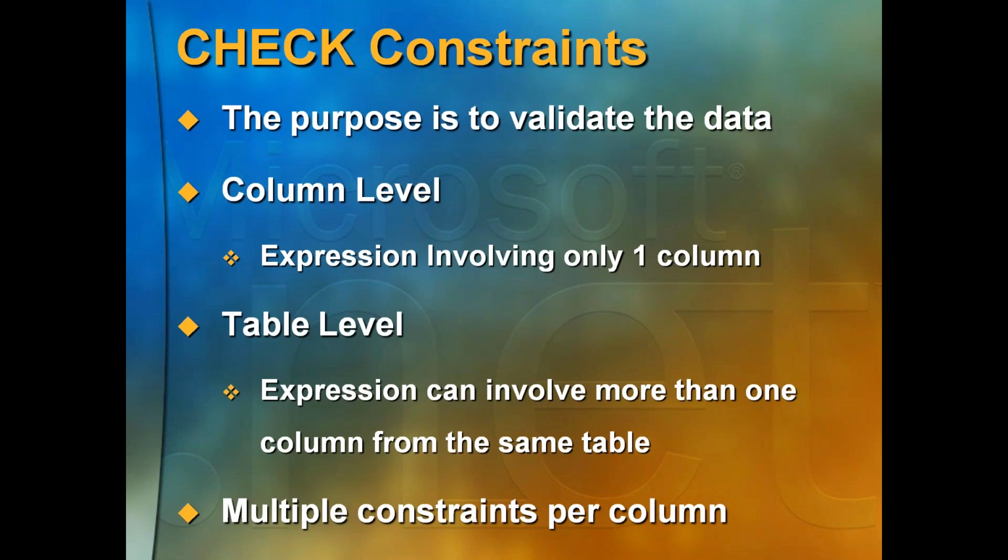Like that, the purpose of a check constraint is to do simple validation. For example, gender can be either male or female, salary greater than zero, and age of the employee not greater than 60 years. For example, you are joining a company and the company has an age limit.